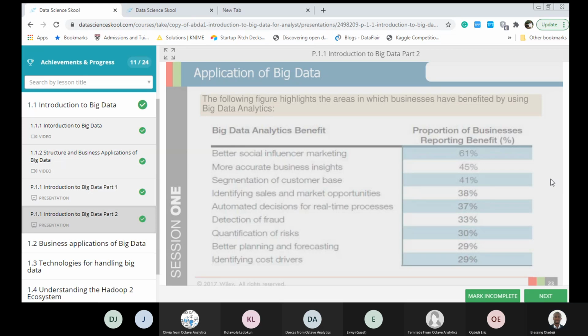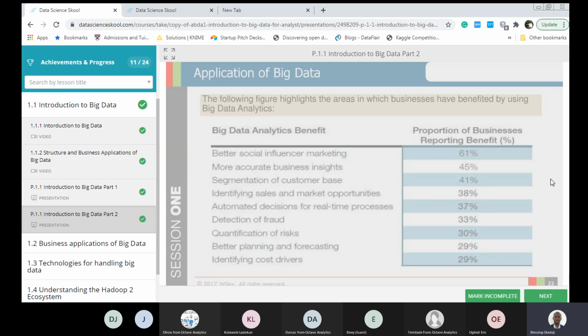They just wanted to know to what extent big data has influenced their business. So based on the responses of those business executives, that's what informed the ranking that is here.